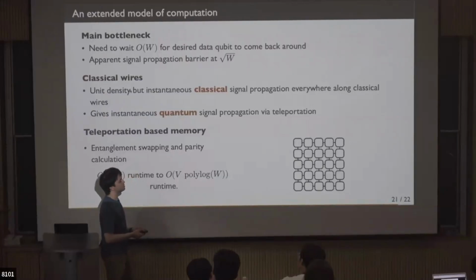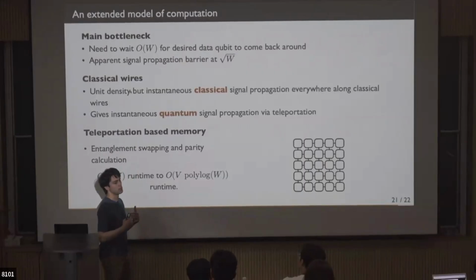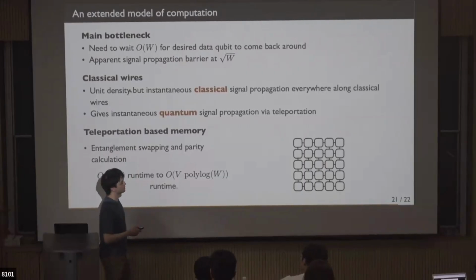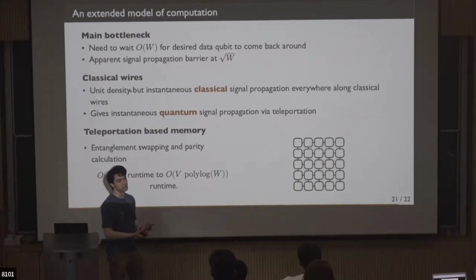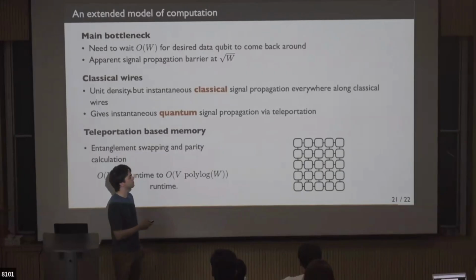You start to teleport things into and out of the memory, using the fast classical signal propagation to do that. Then the actual parity computation itself, you forward off to something sitting over here, compute the parity, and then apply the fix-up.